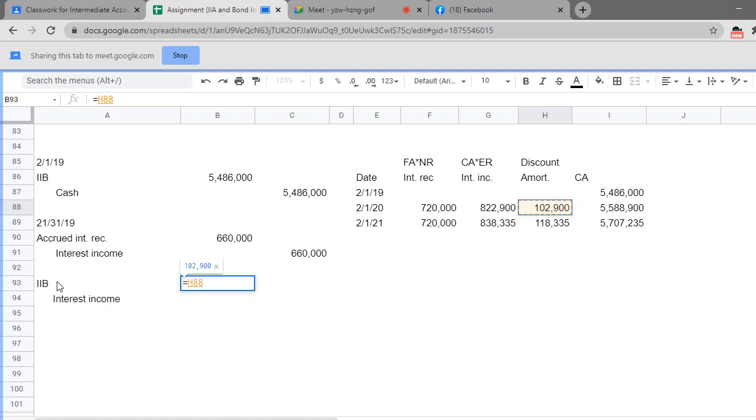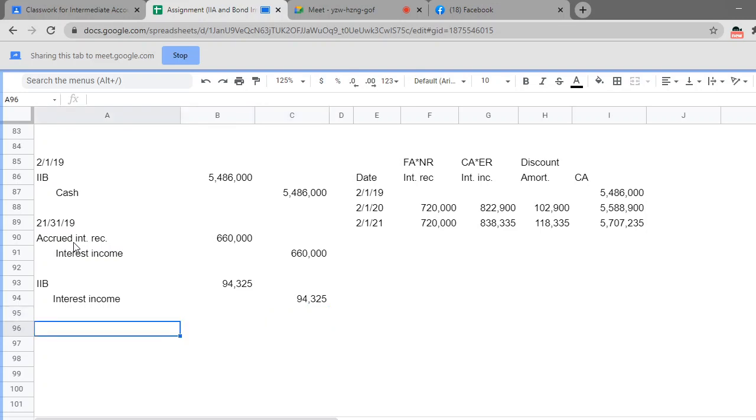Unya kay wala pa man tayo naabot og February 1, 2020. Therefore, atong i-multiply sa kung pila lang ka months siya outstanding from February 1 to December 31, and again that is 11 months. Therefore, our amortization will only be 94,325. Okay? I hope we're good. We're good?